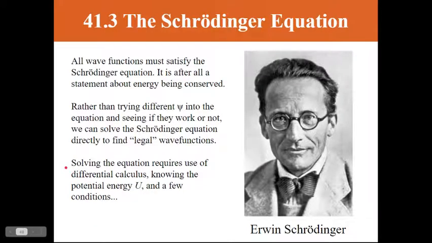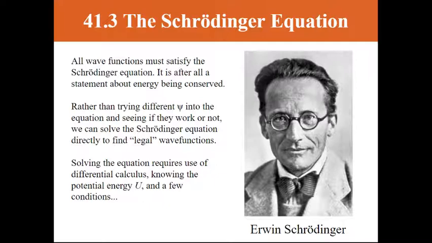And for a wave function, for any description of a particle to be considered legal, it must obey conservation of energy. So it must obey the Schrodinger equation. You should be able to plug in psi to both sides of the formula and have them equal each other. So the neat thing about that is that you don't have to throw wave functions at the Schrodinger equation to see what works.